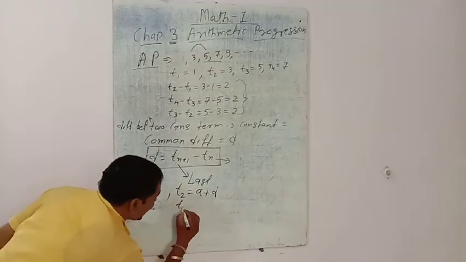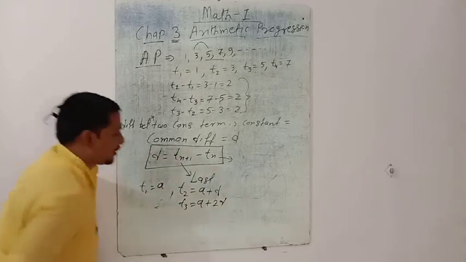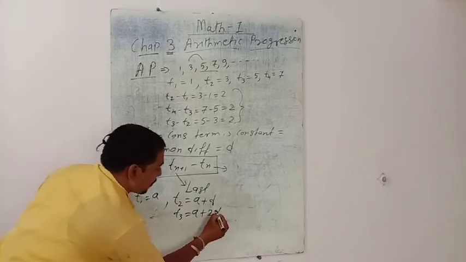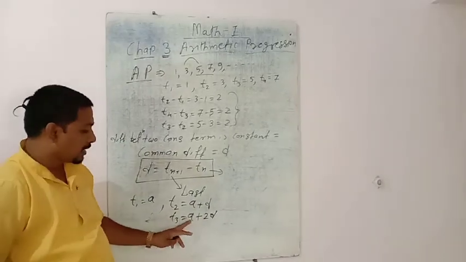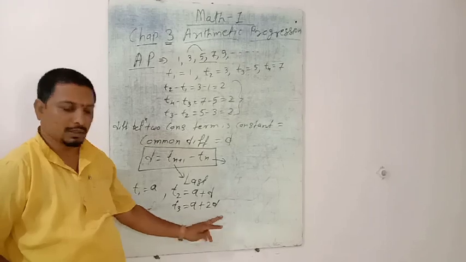Then we find T3: A plus 2D. This is another formula. A plus 2D means the first term plus 2 times the common difference.